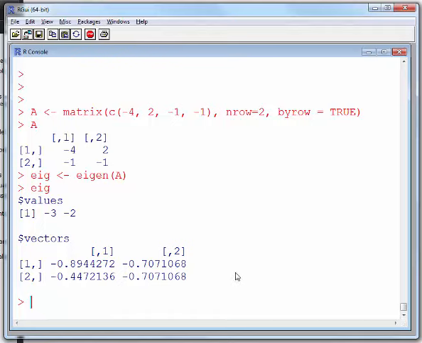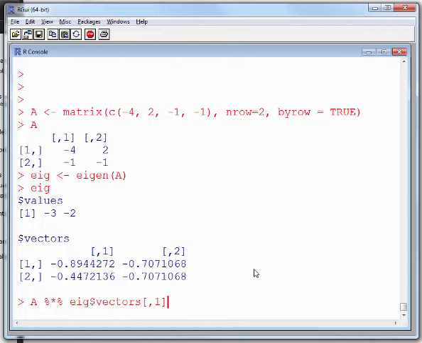Let's now, what if I do A times eigenvectors, the first one?